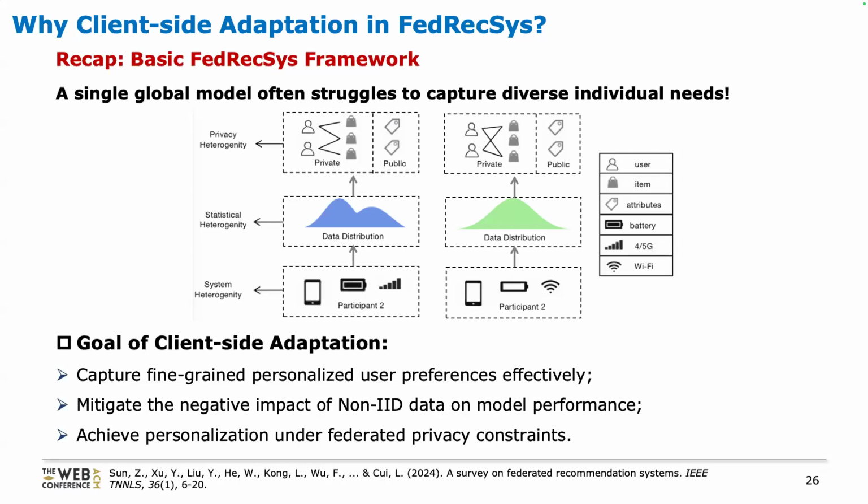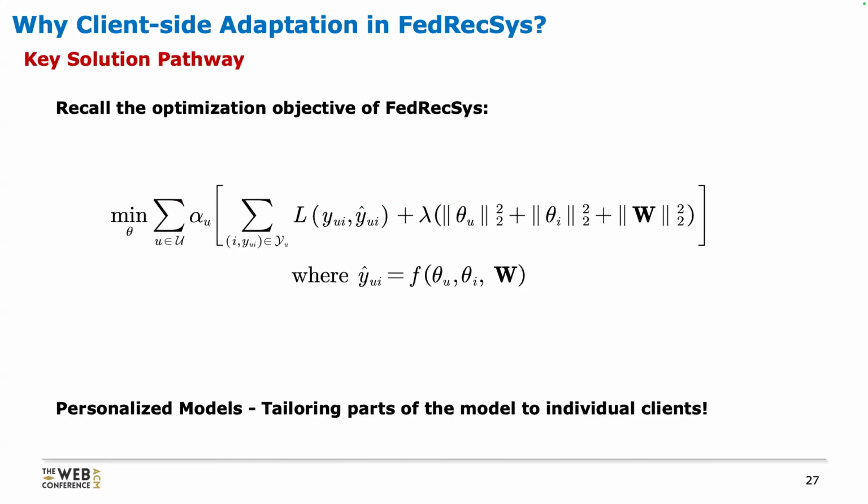This naturally leads us to the concept of personalized models within the federated setting. Client-side adaptation techniques are the specific methods we use to achieve this personalization, modifying the standard FL process to allow for local model variations tailored to each user.